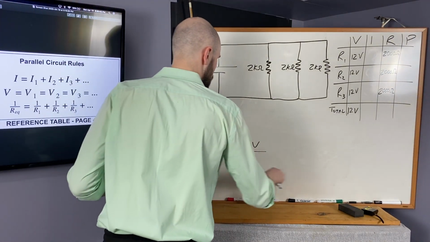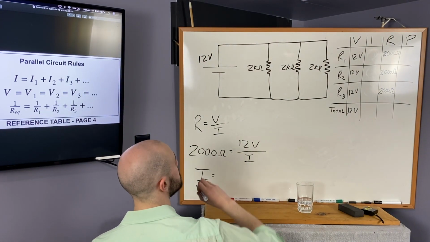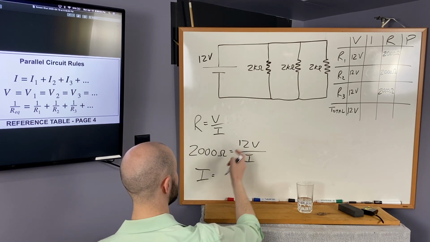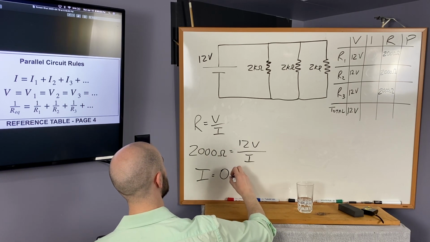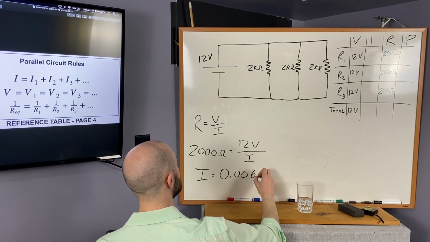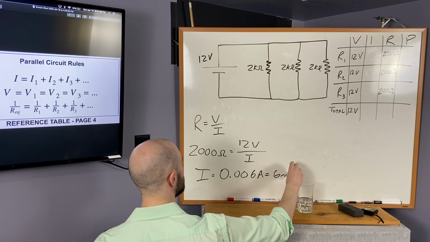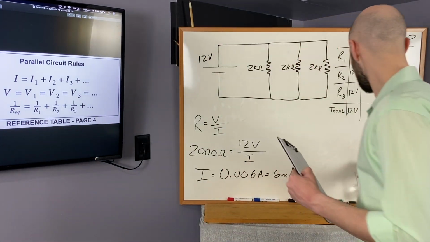And the total current going through is equal to, work this out on your calculator. You're going to flip these. You're going to do 12 over 2,000, which ends up being 0.006 amps. That's the same thing as saying 6 milliamps. There we go.